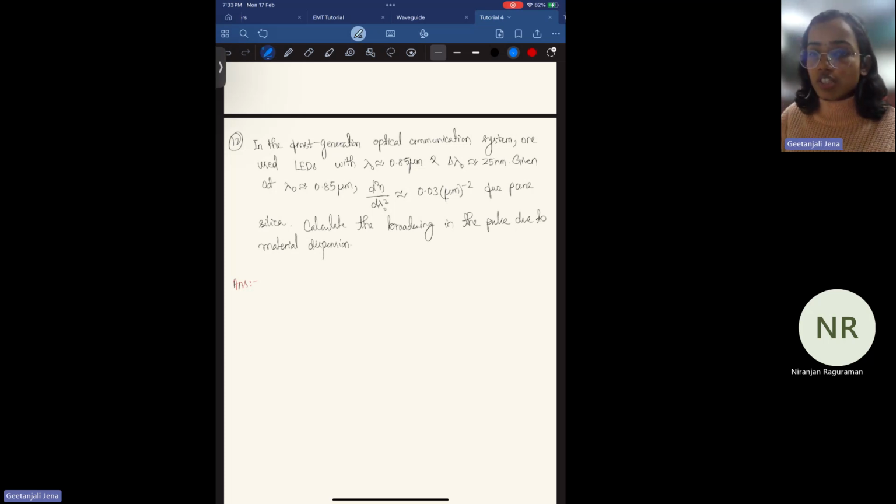So in the first generation, LEDs are used for optical communication, working around this wavelength, 0.85 micrometer, and d square n by d lambda square is 0.03 micrometer inverse square for pure silica. Calculate the broadening in the pulse due to the material dispersion.